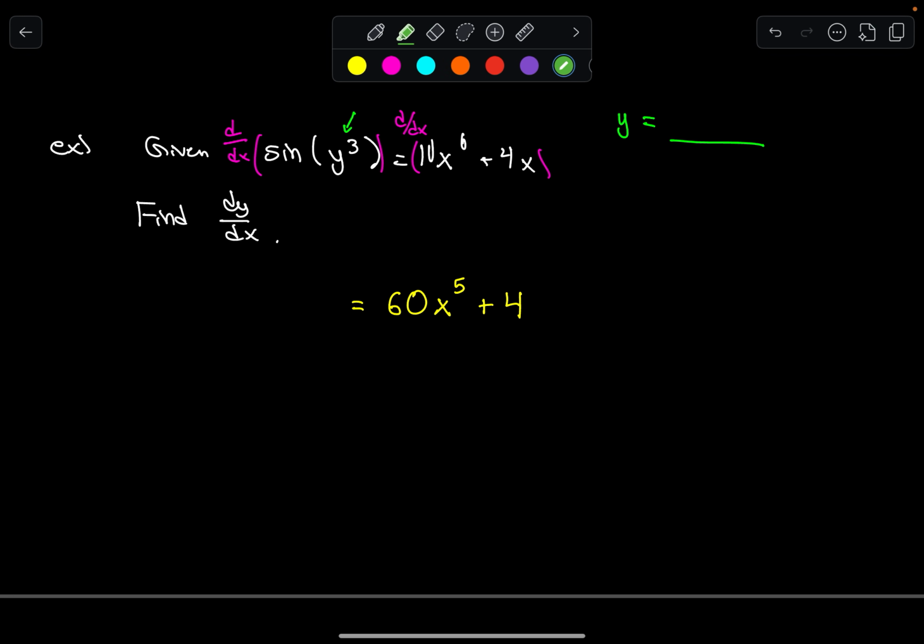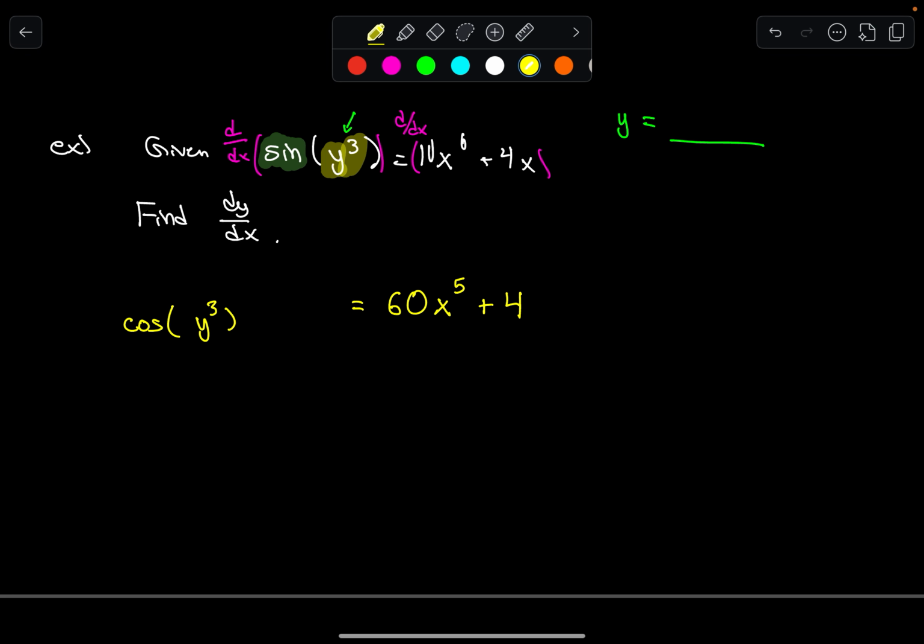Now for the left-hand side, we've got to be a little bit careful because we have an outside function and an inside function of y cubed. The derivative of sine is cosine of stuff, and in this case that stuff is y cubed.